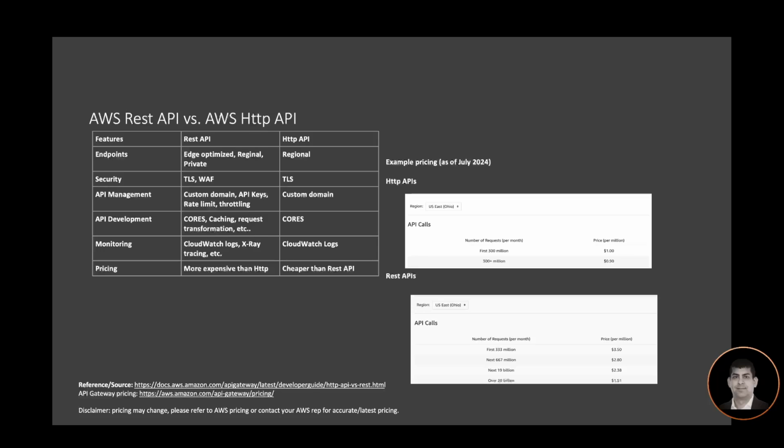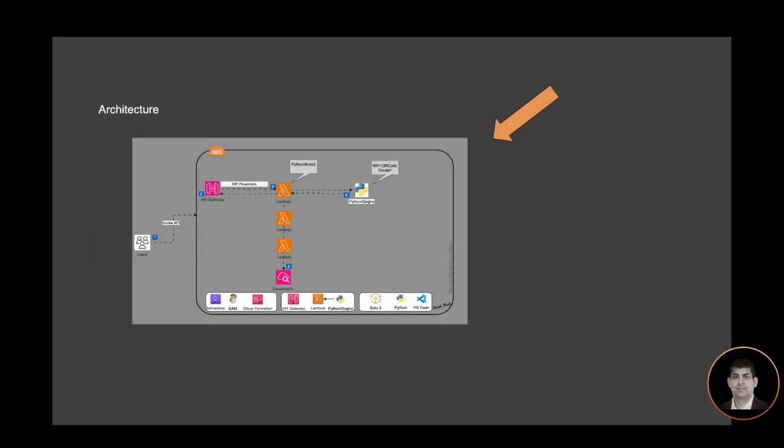Depending on which API you are using, of course, your SAM template will refer to different components, and that's really the intent of this workshop: to show the HTTP specific components. So with that, let's look at the architecture. Pretty straightforward.